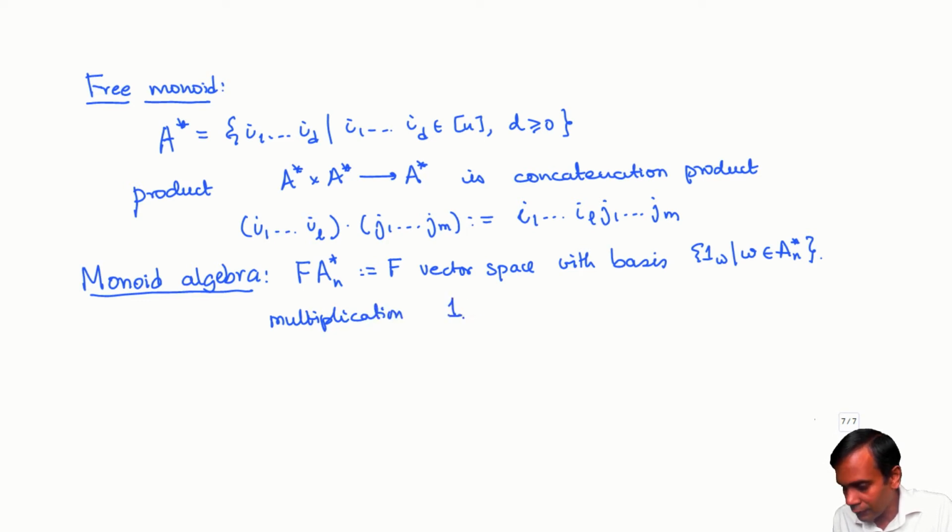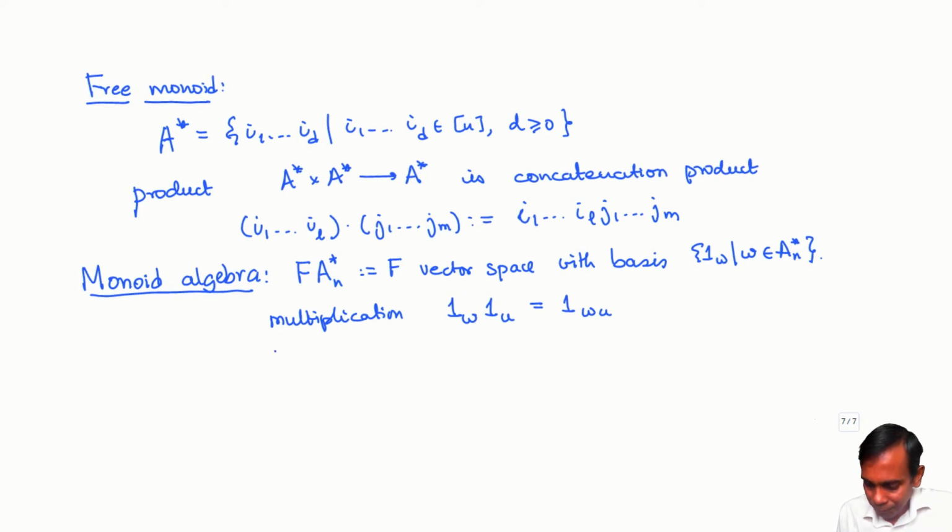If you have 1_W and you want to multiply it by 1_U, then it's just going to be 1_WU. This defines a function on basis elements, and so you can extend it to a bilinear map from F A_n star cross F A_n star to F A_n star.